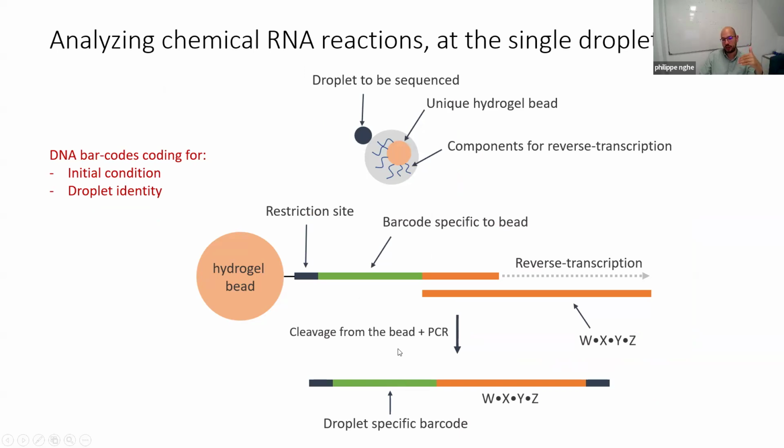I'm not going to go into the details, but you input some DNA barcodes that are specific to every droplet, and you can then barcode the RNA. All the RNAs in the same droplet have the same DNA barcode, and you sequence everything and see who was with whom.